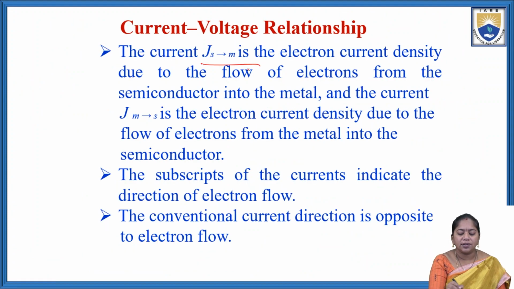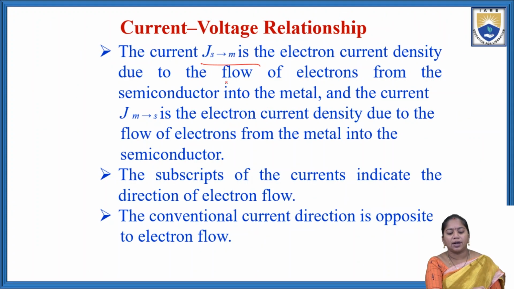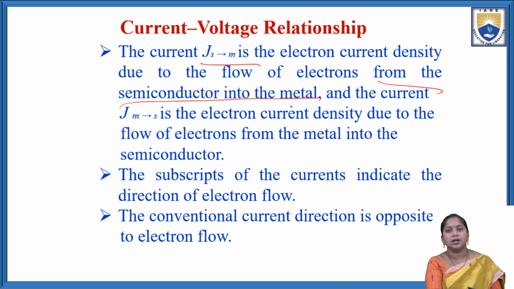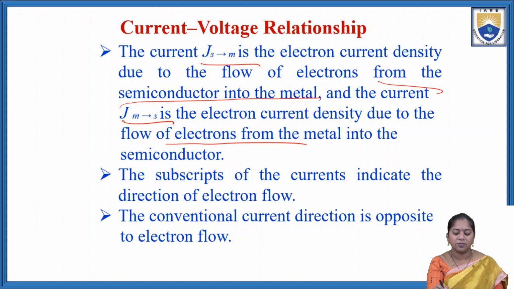The current Js2m is the electron current density due to the flow of electrons from the semiconductor to the metal, and Jm2s is the electron current density due to the flow of electrons from the metal into the semiconductor.